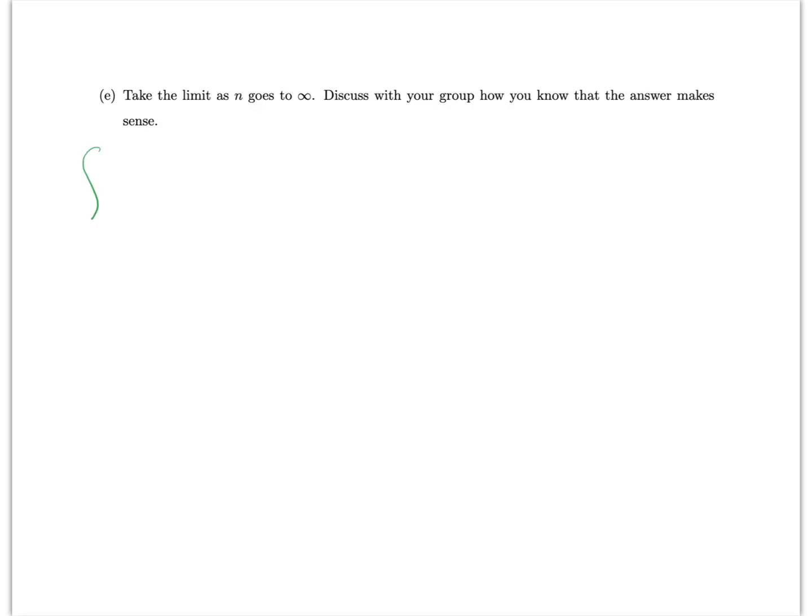So just to recap, I'm trying to figure out the integral from 0 to 4 of x dx. That can be approximated by the sum from i equals 1 to n of 16i over n squared. And we just did a bunch of work on the previous page to say that that equals 8 plus 8 over n.